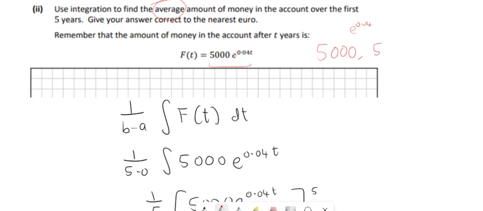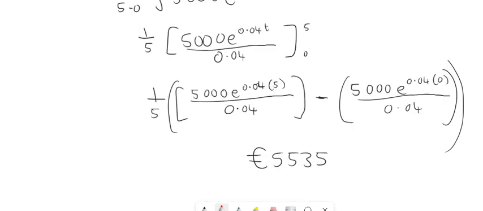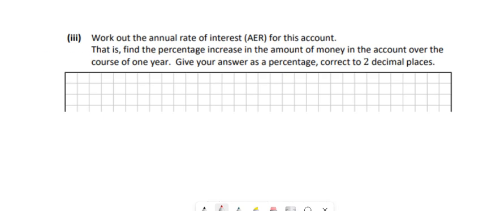So e to the power of 0.04, that's the common ratio here, and so on. So really e to the power of 0.04 would be 1.0408.